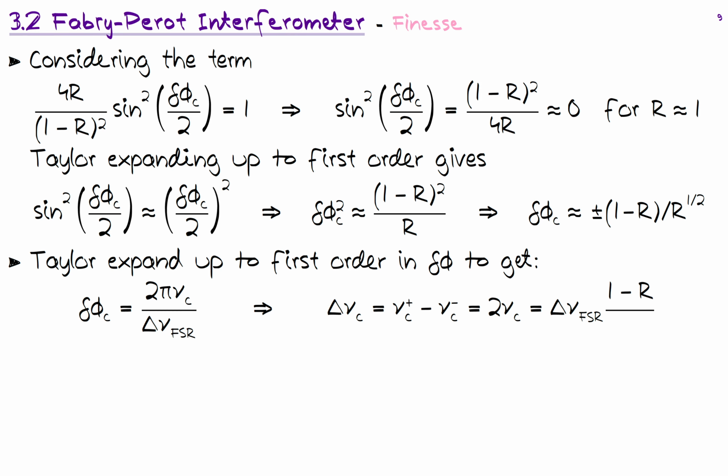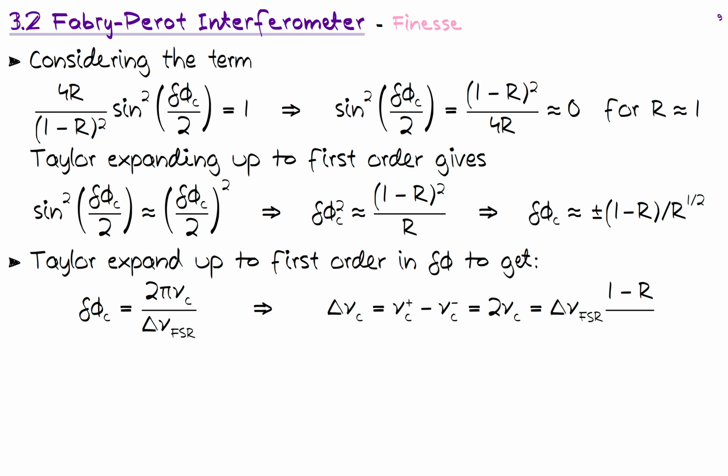So what we can do now is use the above equations to define an important parameter. That's the finesse of the Fabry-Pérot interferometer, defined as a capital F, and that's the free spectral range divided by the full width half maximum value of a single peak. Plugging in the values that we have, that's equal to pi square root of r divided by 1 minus r.